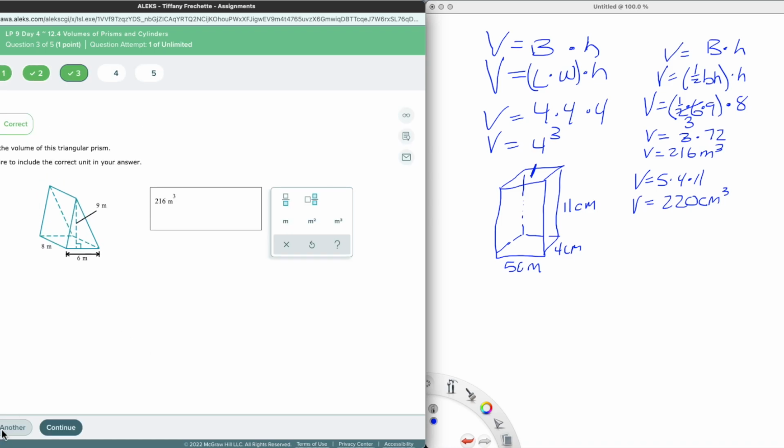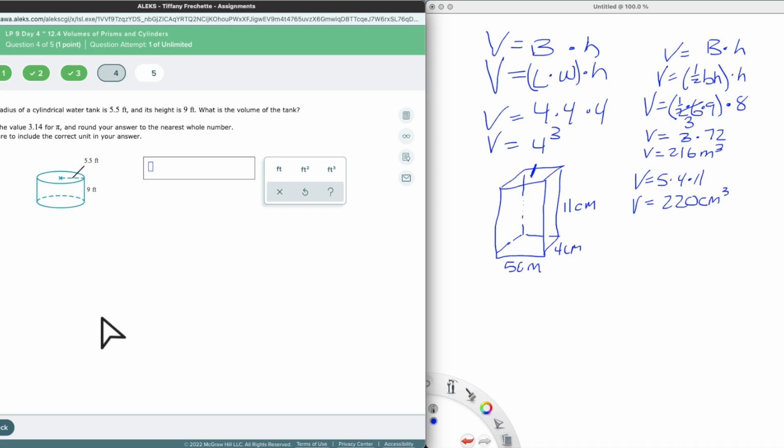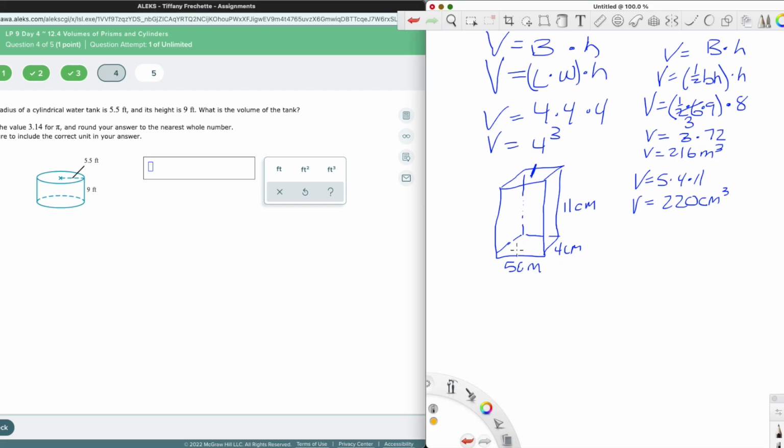All right. So the next one, we're going to look at a cylinder. Like I said, it's still the same idea: the area of the base times the height. To visualize that, if we had blocks in here going across, so I have 1, 2, 3, let's add another one, 4.